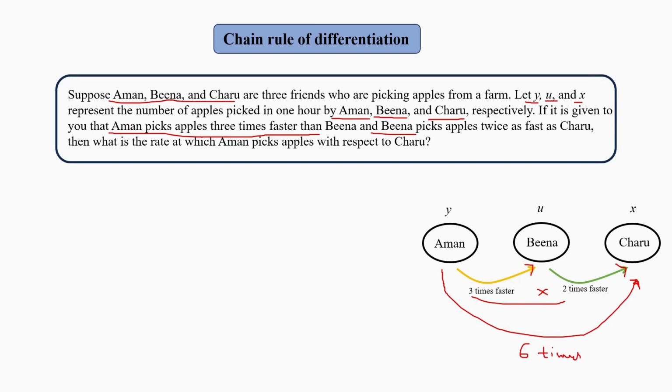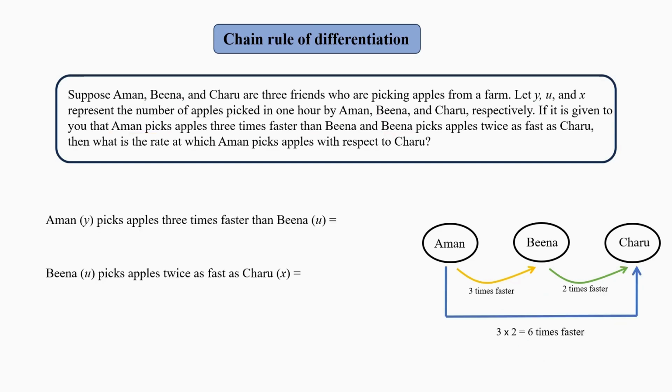So let's see how. Now let us try to visualize the scenario in terms of derivative. It is given that Aman picks apples 3 times faster than Beena. That means the change in y is 3 times the change in u. How can you represent in terms of derivatives?